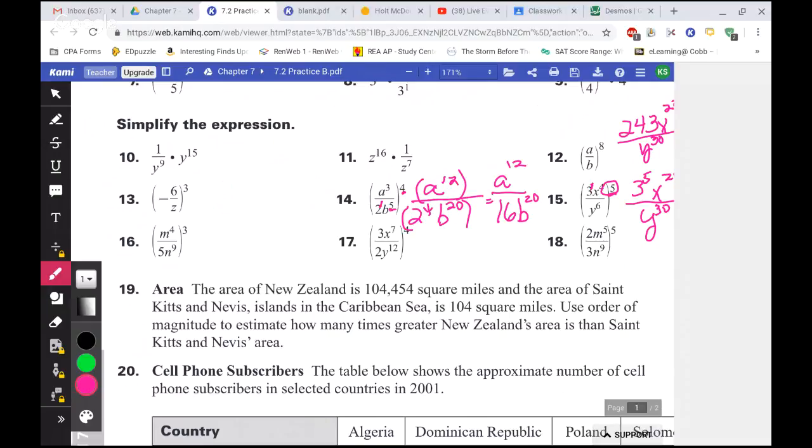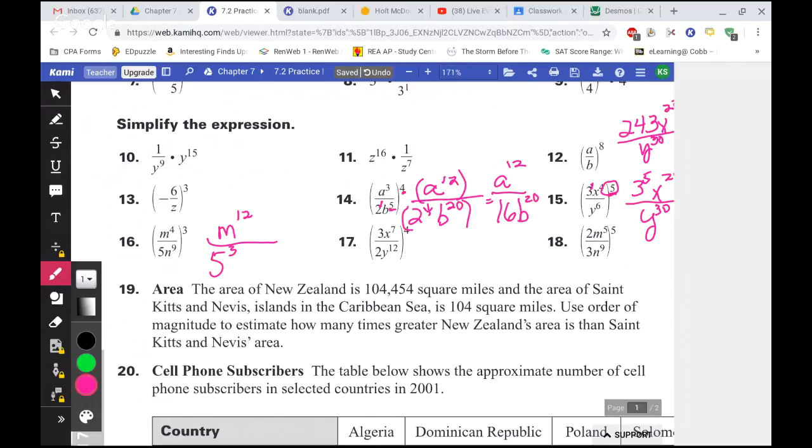So starting with the numerator, m to the 12th, because 4 times 3 is 12, right? And then we'll have 5. Do I distribute the 3 to the 5? Yes, good job. So 5 to the 3rd power.